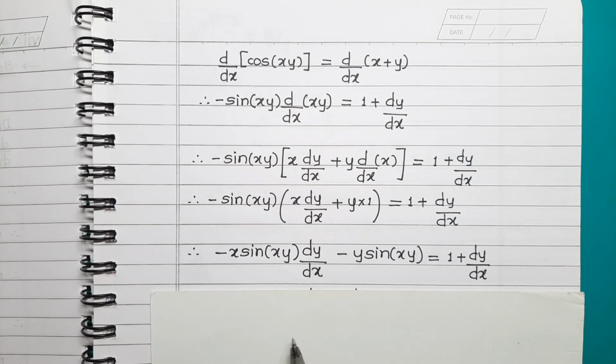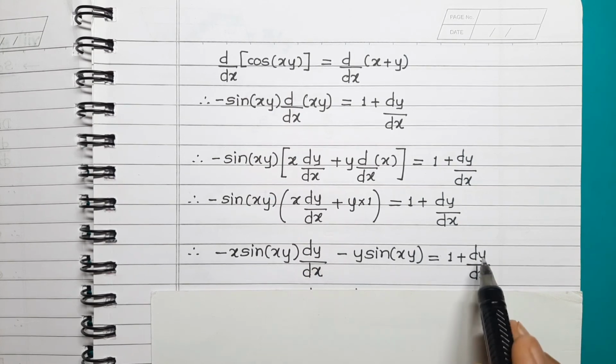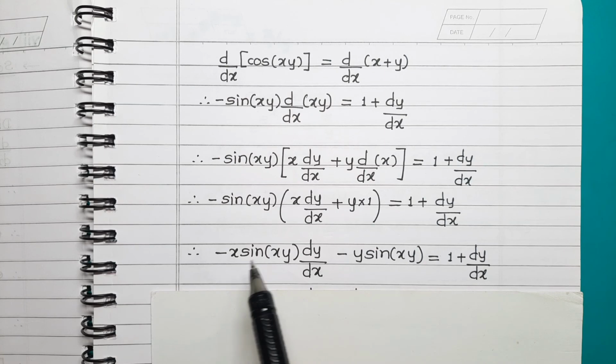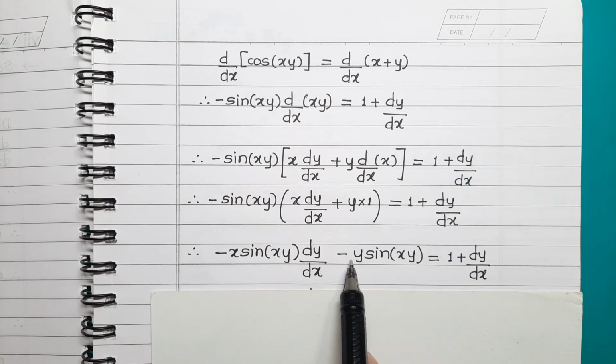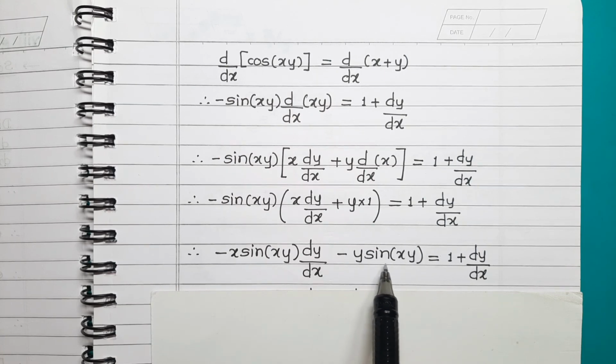Now to the next step, we are going to collect terms containing dy by dx, and we observe these two terms containing dy by dx. So let's shift this dy by dx on LHS, and let us shift this term not containing dy by dx on RHS.